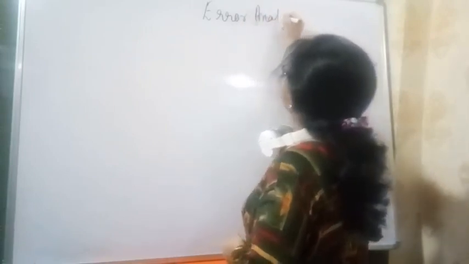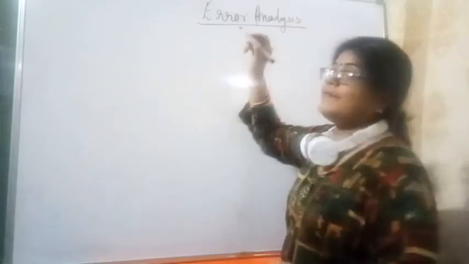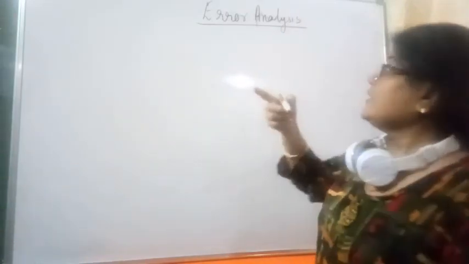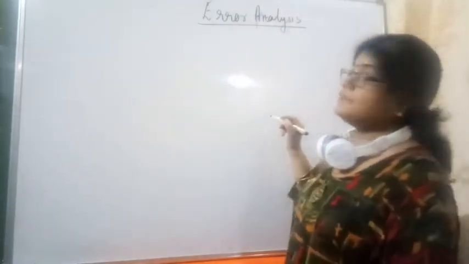I want to explain these things with the help of examples. Now we have a topic in class 11th, known as error analysis. It is in lesson 1 of your physics, where you have dimensions and significant figures, and after that we have the topic of error analysis.